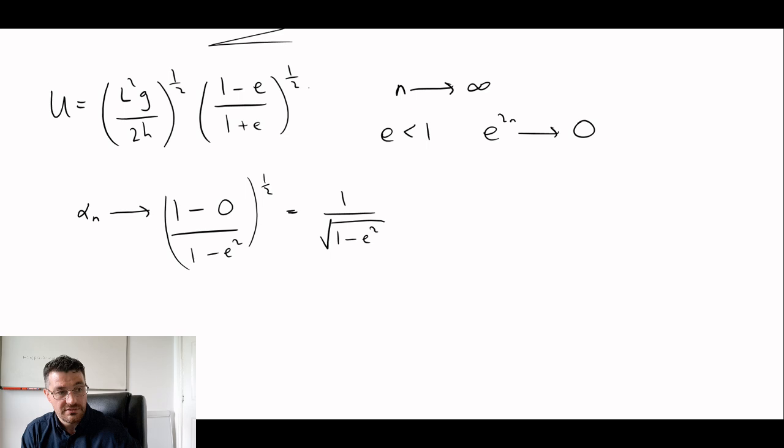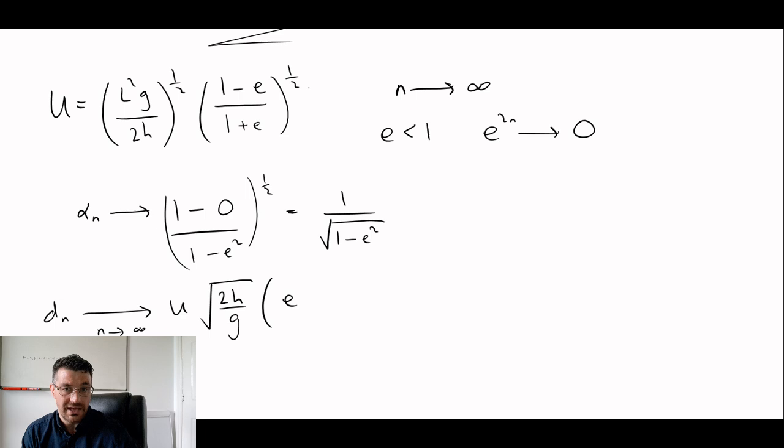So d_n is going to approach, as n approaches infinity, u times the square root of 2h over g, times e^(alpha_n), which approaches 1 over the square root of 1 minus e squared, plus alpha_(n+1), which also approaches 1 over the square root of 1 minus e squared.